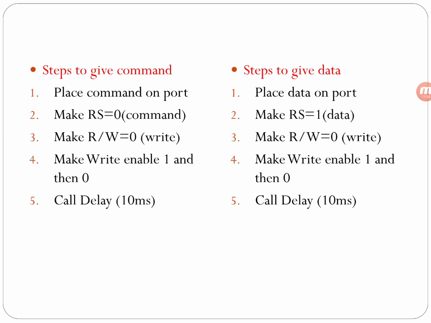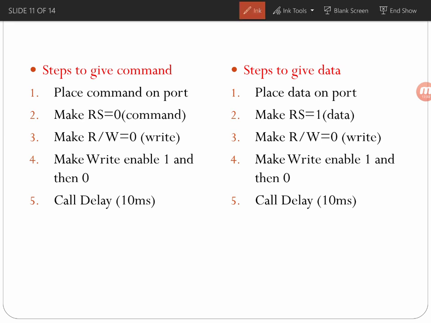Now let us learn the steps to give the command and the steps to give the data. First, steps to give the command. Place the command word on the port. Which port? Port 2, because in this diagram I have selected port 2, though it may not always be so.